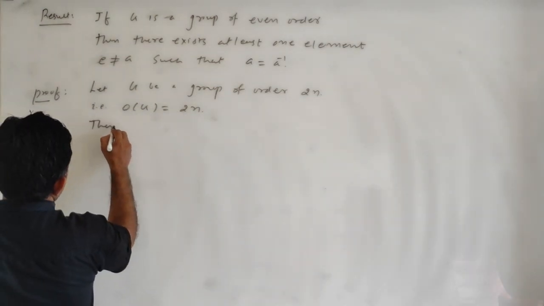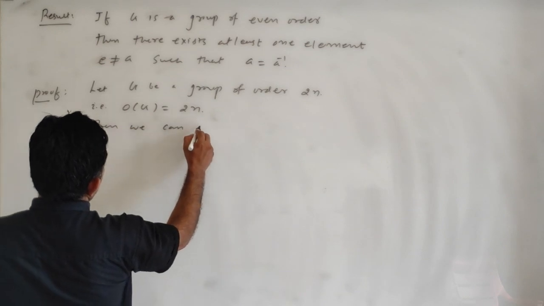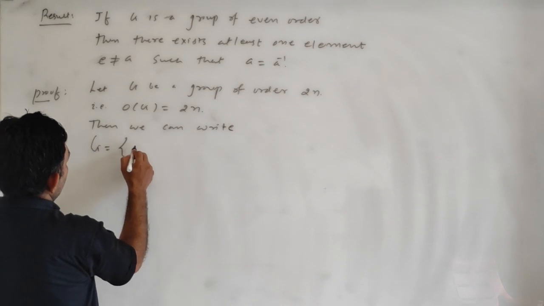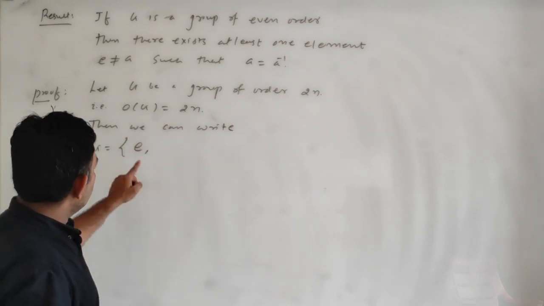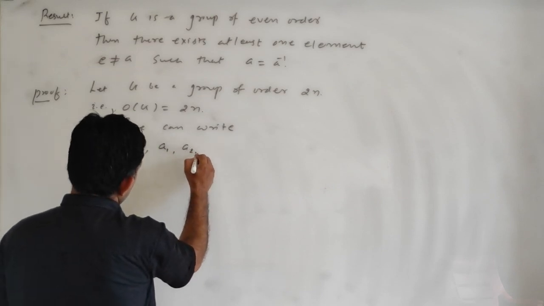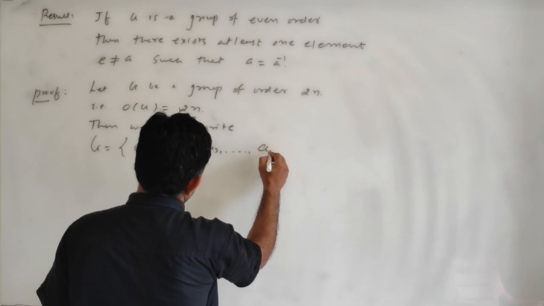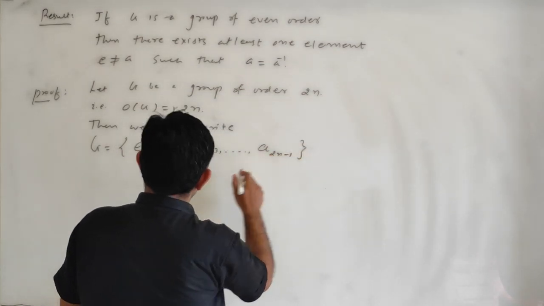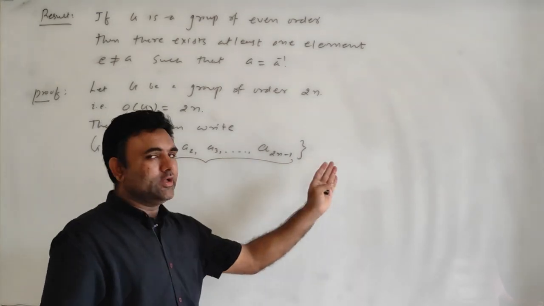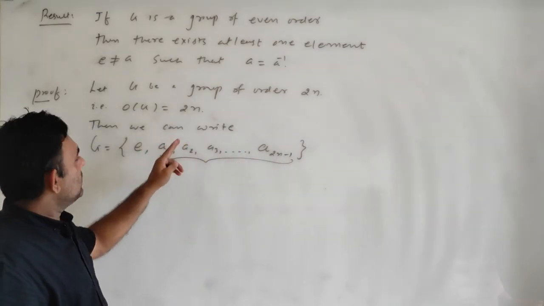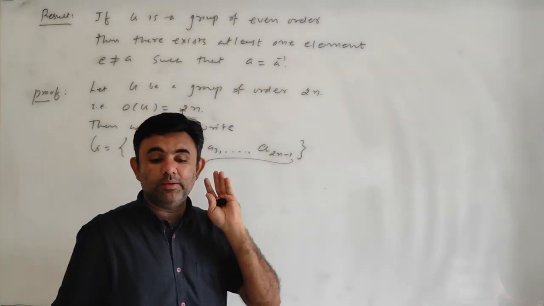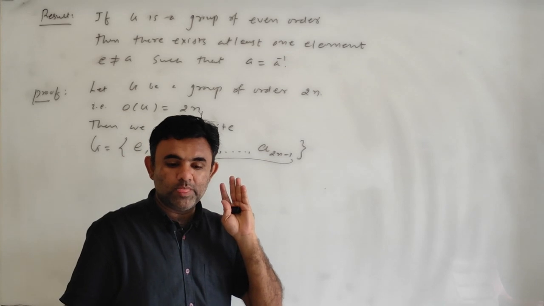Then we can write G as: one element is identity, denoted by E. Then the next elements are A1, A2, A3 and so on up to A2n minus 1. These are 2n minus 1 elements and this is one element, so altogether 2n elements. Among these 2n elements, E is identity and the others are non-identity elements. I hope this is clear.